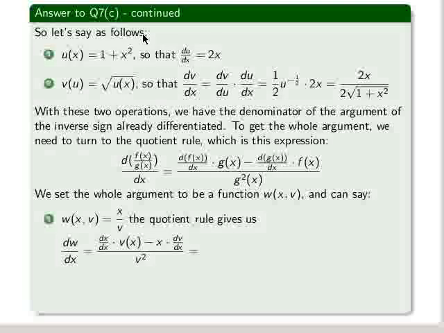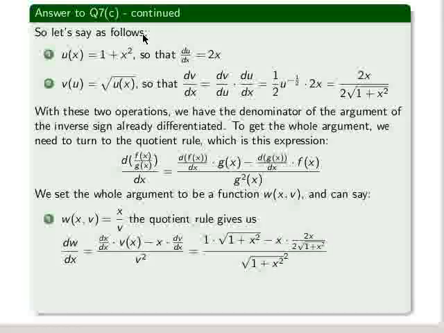So now it's a question of making the substitutions that we've created, and we get that expression. Noticing that v turns out to be the square root of 1 plus x squared, and if it's squared in the denominator, we can see a potential cancellation of the square root and the square power occurring there.